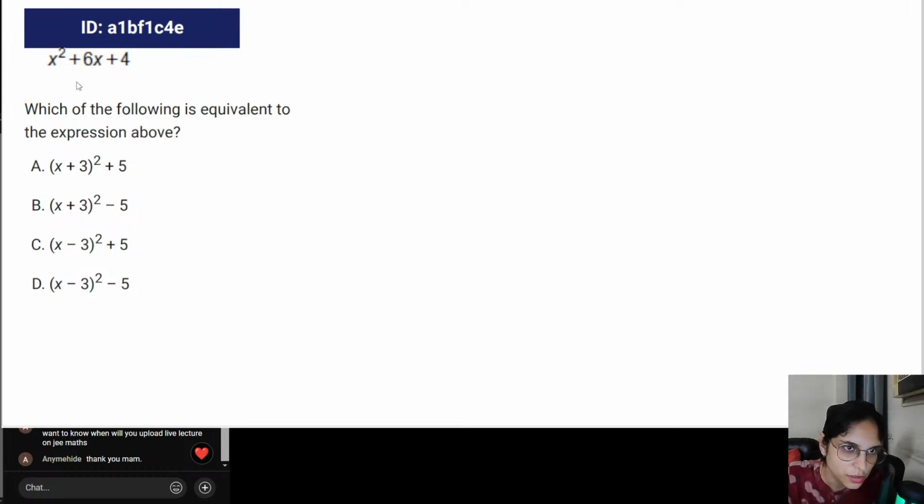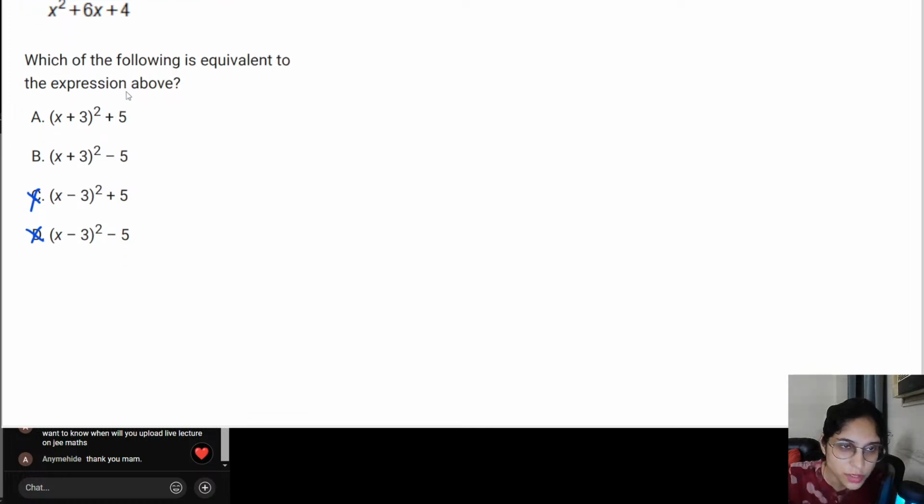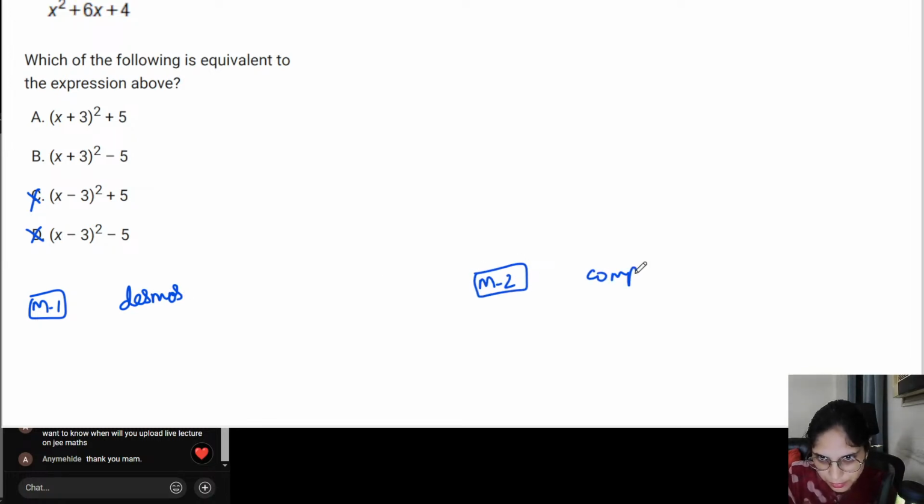So first thing is sure, because there is a plus, these two options are gone because your x is positive. Again, you can use Desmos. I am not doing that because that's easy. I will do method 2, completing the square.